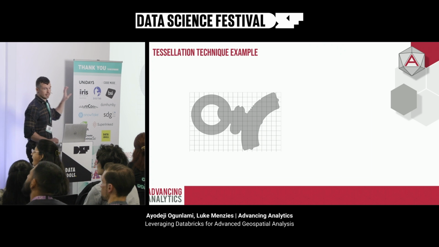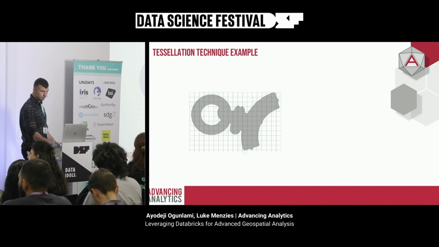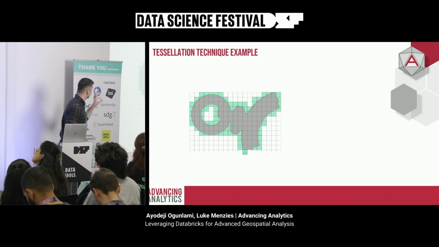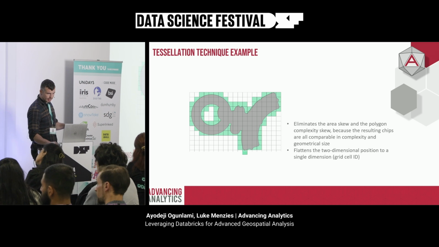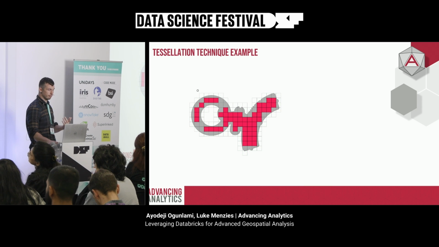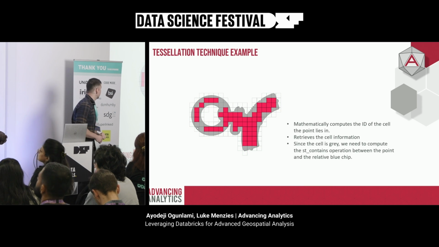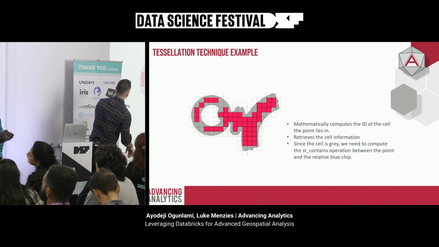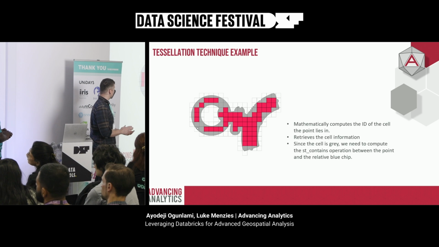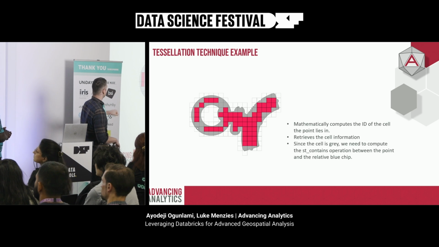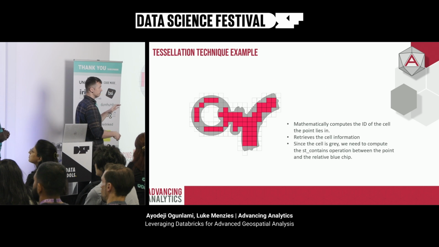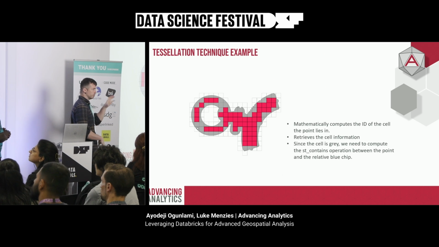Let's take this polygon, for example. Obviously, it's discretized with the grid system. But let's say you want to work out if a point lies within this. If you notice, the majority of the tiles, the red ones, are going to be whole tiles, so complete tiles.